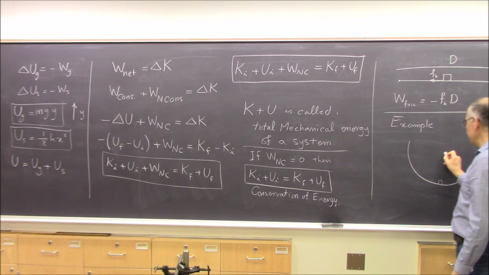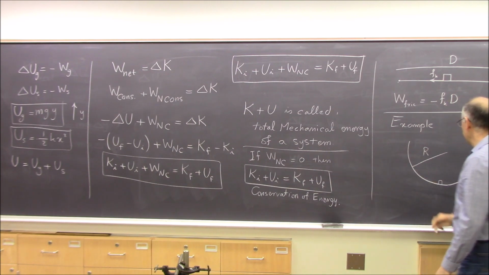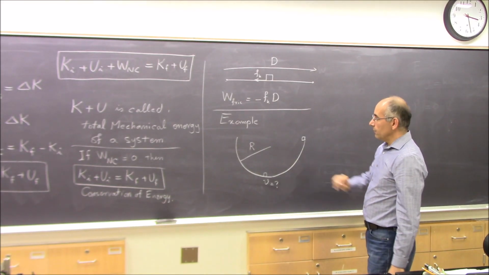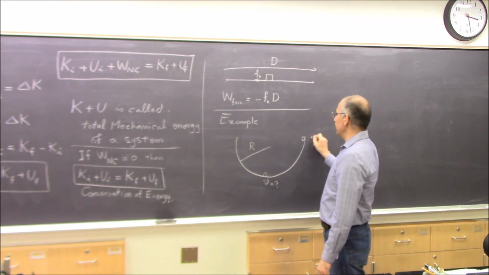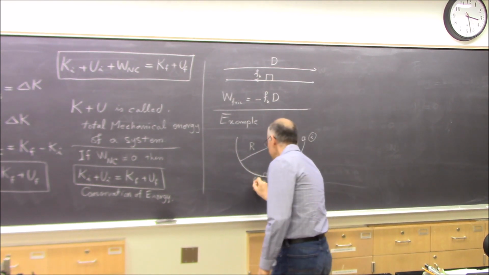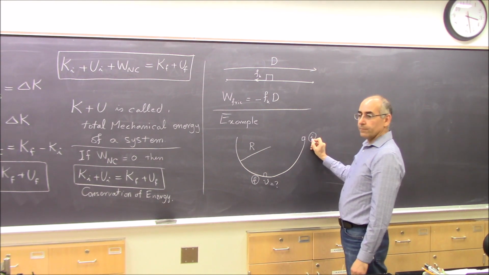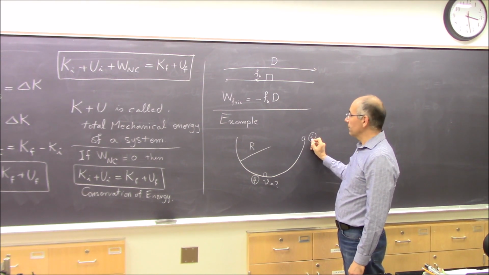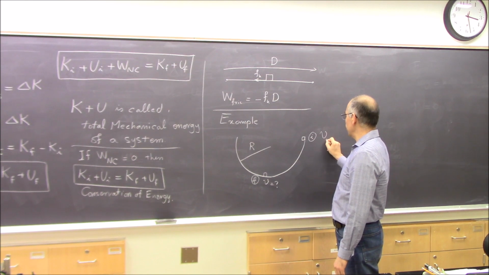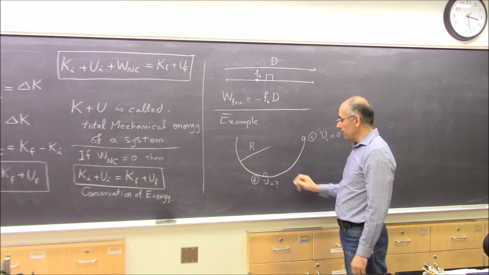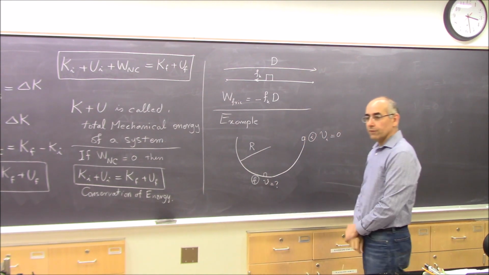It's a hemisphere of radius r. So in order to solve this, you take this initial, this final, to make clear what we're looking for. What do we know about this initial situation? Vi is 0 because it starts from rest. And V final is what we're looking for.